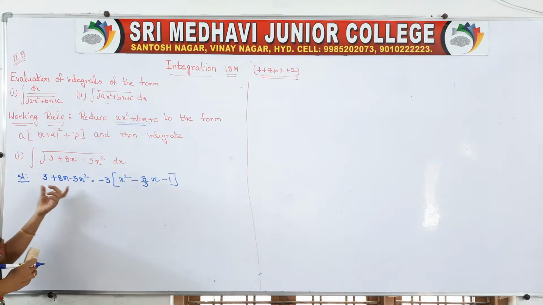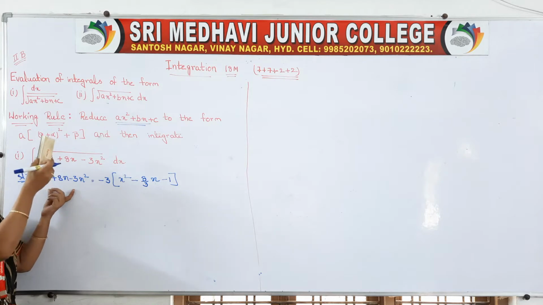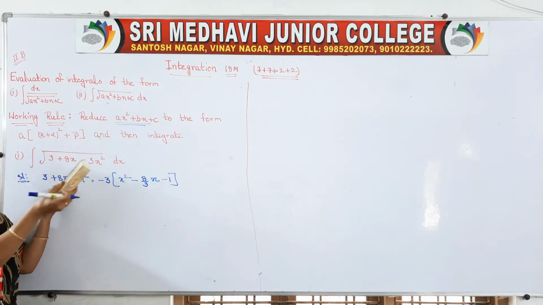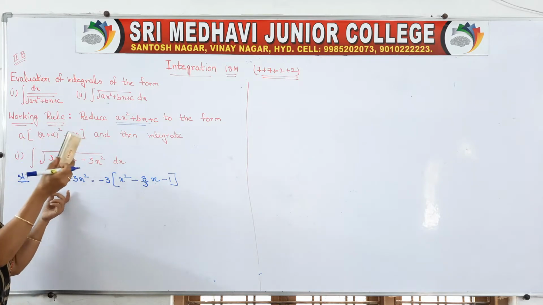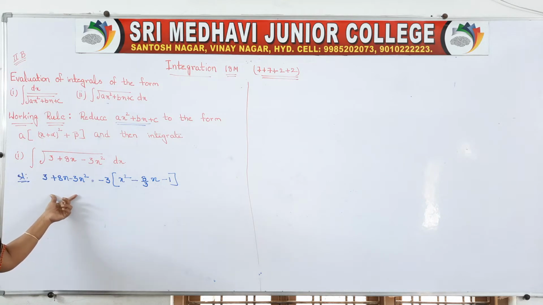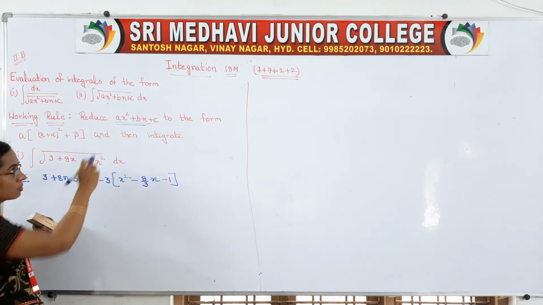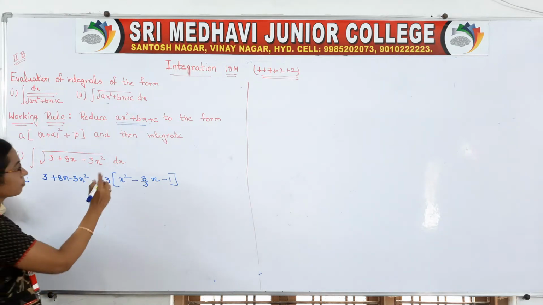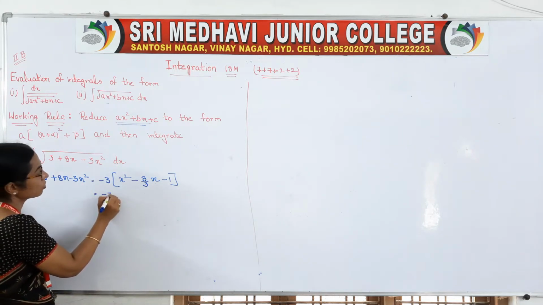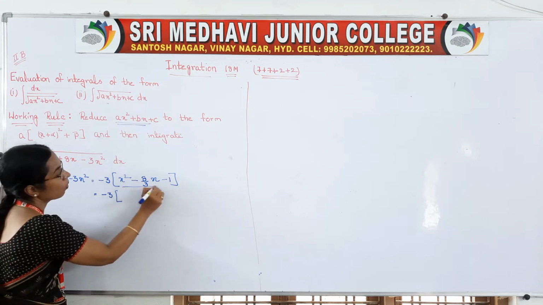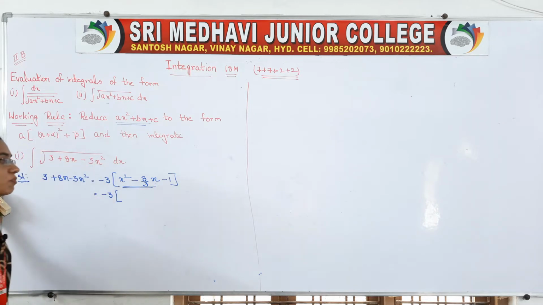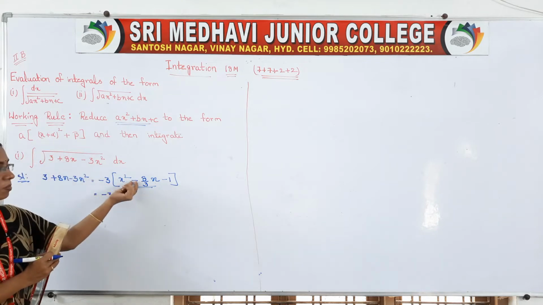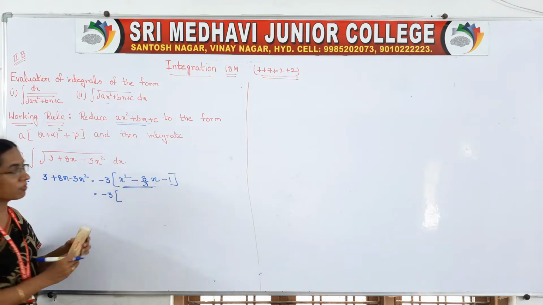So first of all, in all these forms, whenever a quadratic form is there, you take the coefficient of x square outside. Coefficient of x square means the multiple of x square should be taken outside. So, it is equal to minus 3 into what I said. After that we have to reduce this into this form. Suppose a minus sign is there, minus will come.